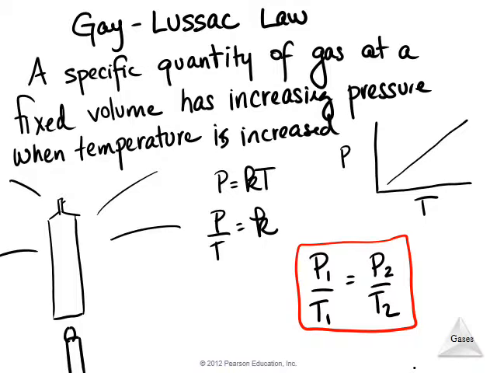Now, that's all really great, and that's four different equations for you to remember. But I can make it a little bit easier for you because we can take all of those conditions and change them all at the same time if we want to. And if we do that, then we can use an equation called the combined gas law. So let's look at that. Combined gas law, there I am with red pen again. Combined gas law takes at least 3 of those 4 equations.